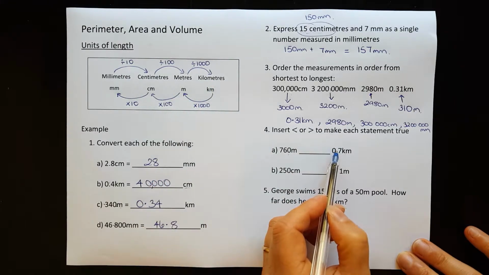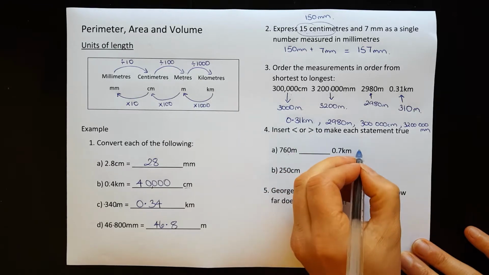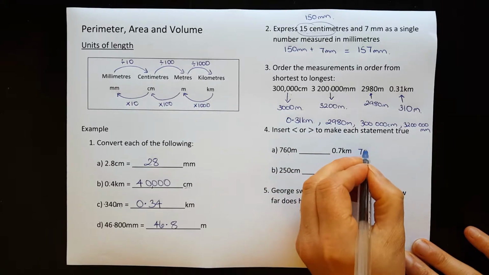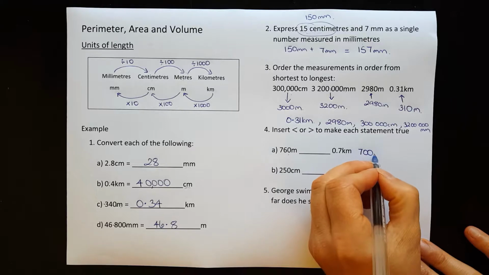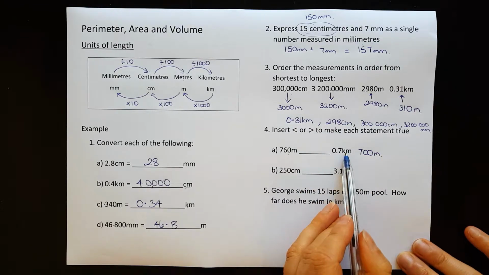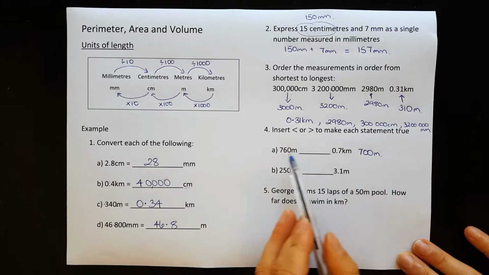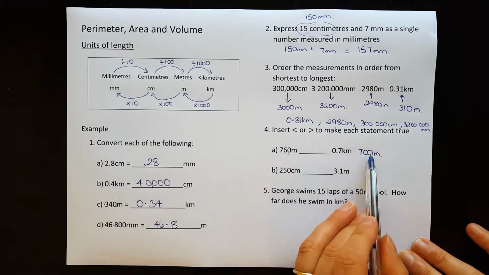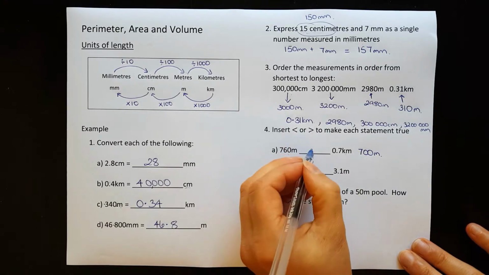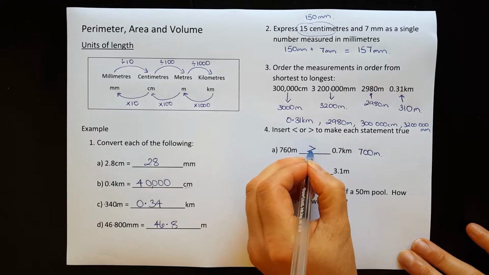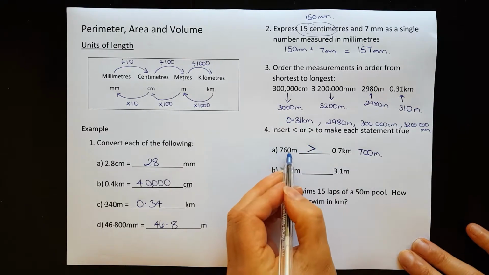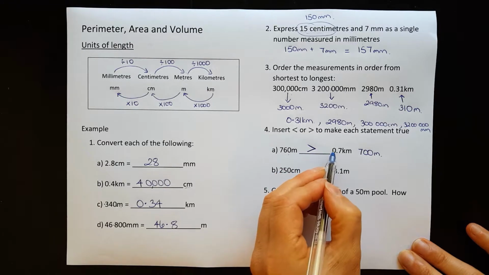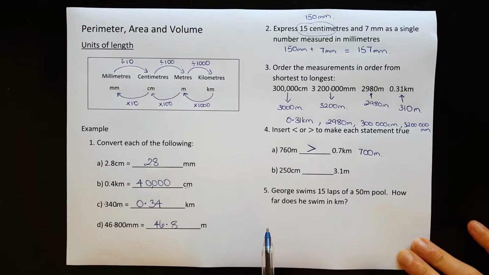So that's 3 zeros. 1 would jump over the 7. 2, 3 would be zeros that I would add on the end. So 0.7 of a kilometer is 700 meters. So it's easy to see that 760 is bigger than 700 meters. So that means I need the symbol to go that direction. 760 meters is greater than 0.7 kilometers.